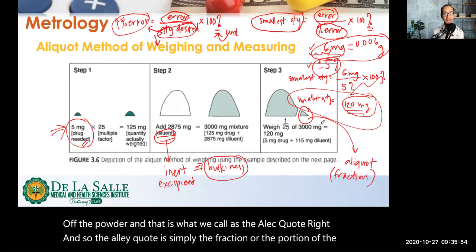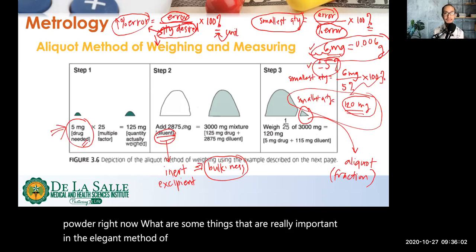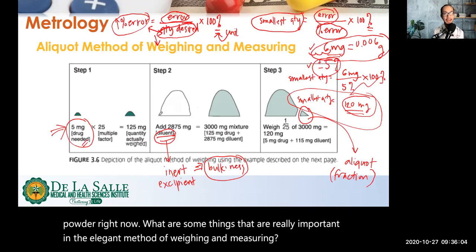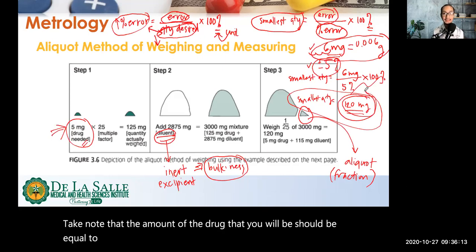Now, what are some things that are really important in the aliquot method of weighing and measuring? Take note that the amount of the drug that you will weigh should be equal to or greater than the smallest quantity that is weighable in the balance.